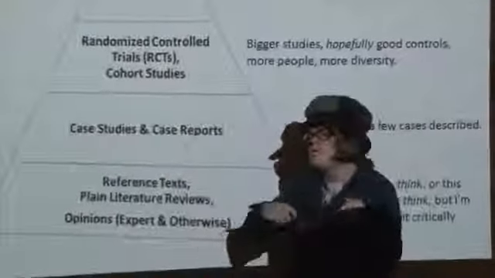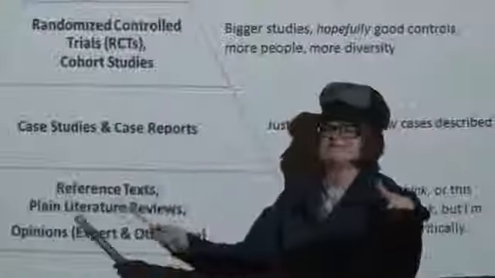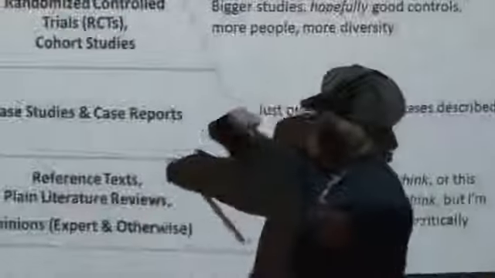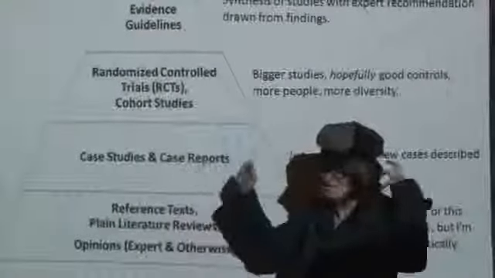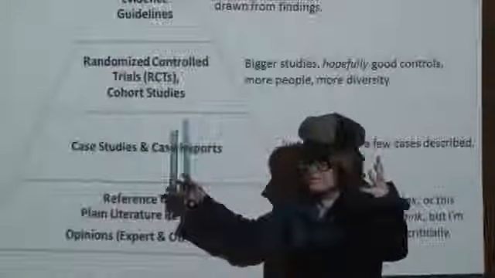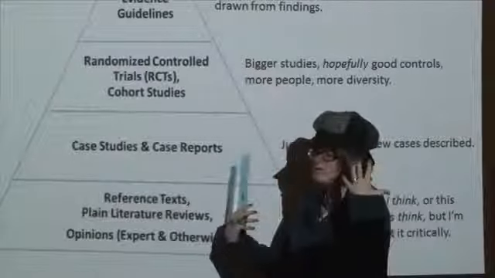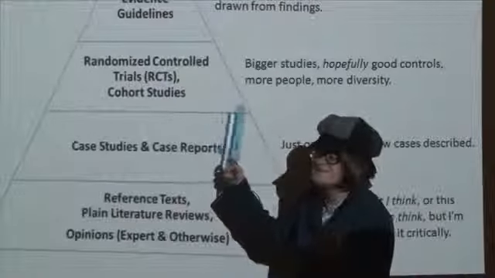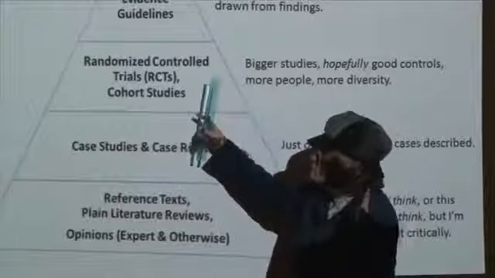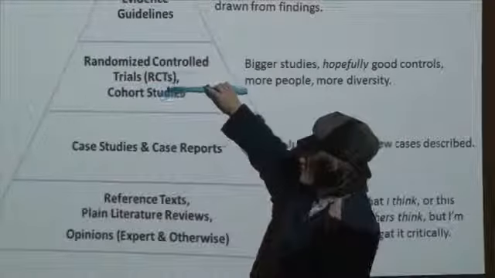So what works for one particular patient may not necessarily work for me. Now, up here, where you get these bigger studies, where you get more people, hopefully you are going to be able to find a group that is sort of like you, more generalizable findings from the study of many, many more people.